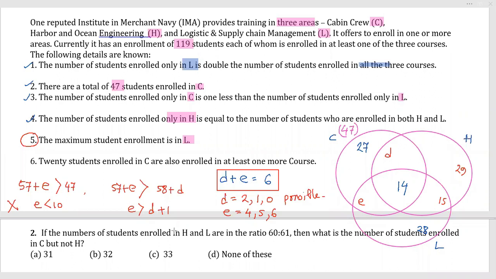If the number of students enrolled in H and L are in the ratio of 60 to 61, total H and total L 60 to 61, then what is the number of students enrolled in C but not H? C but not H means 27 plus E, which I need to find. So 27 plus E is the question, and the HL ratio has been given.